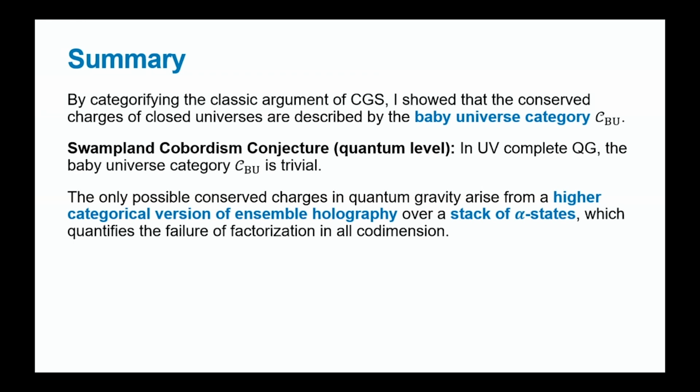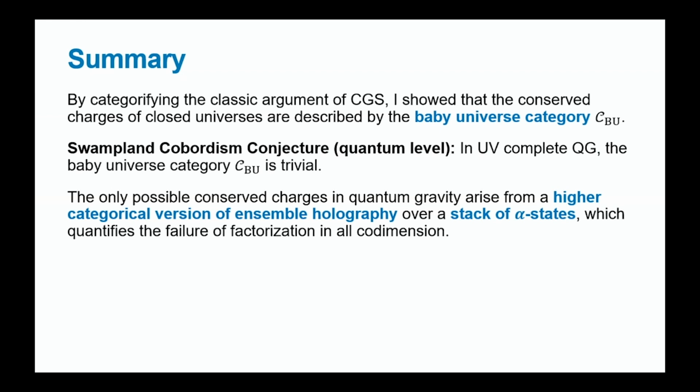So this gives a new formulation of the cobordism conjecture at the quantum level, which would say that if I had a UV complete quantum gravity and I could do this calculation, I would find a trivial baby universe category. I would find that it's equivalent to the tensor unit. This is the n-categorical version of saying that the closed universe Hilbert space is one-dimensional.